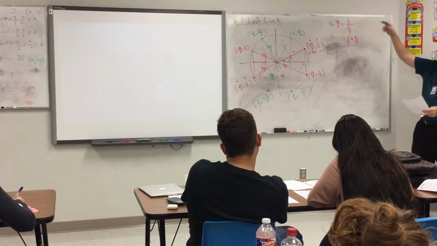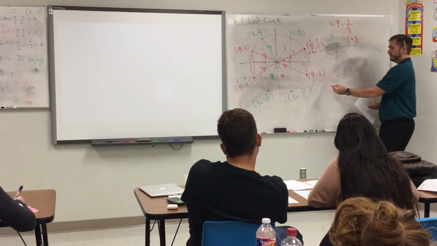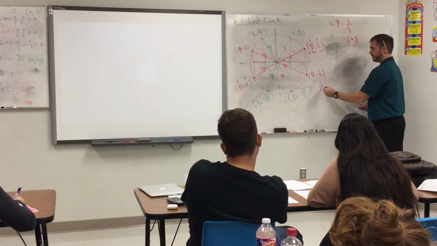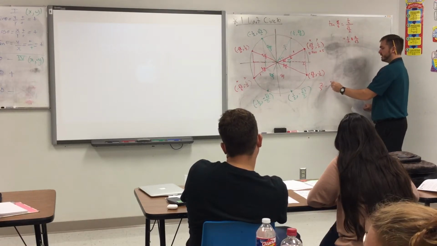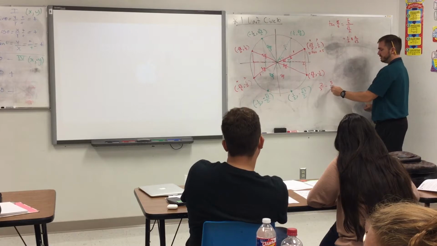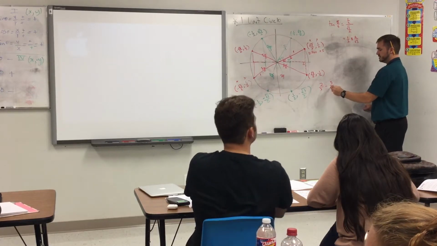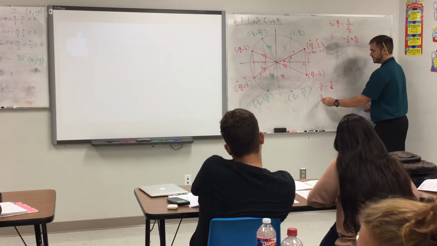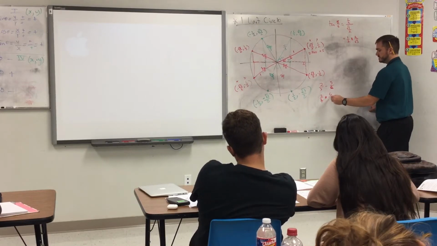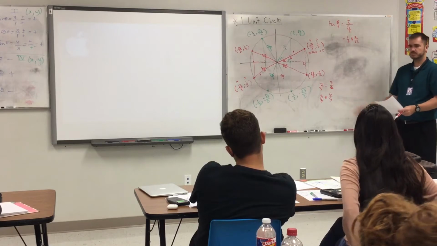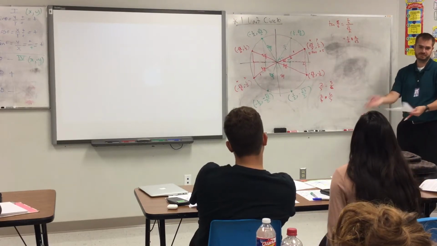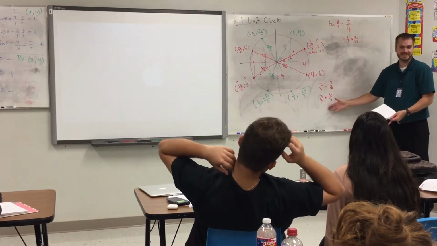Y'all remember that from like junior high or maybe upper elementary? If you had like 2/3 divided by 5 over 6, that's the same thing as saying 2/3 times 6 over 5. Y'all remember doing that? You get it. Reciprocal. We don't mess with why, you just do it.